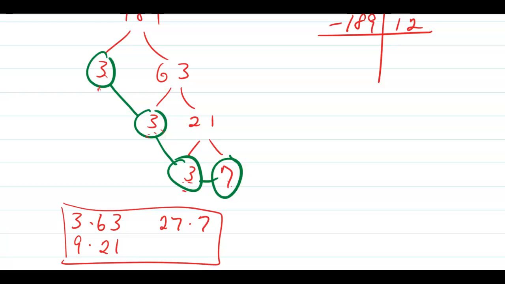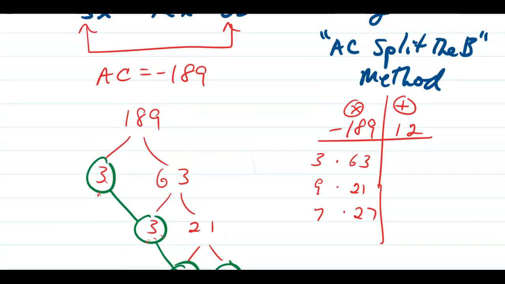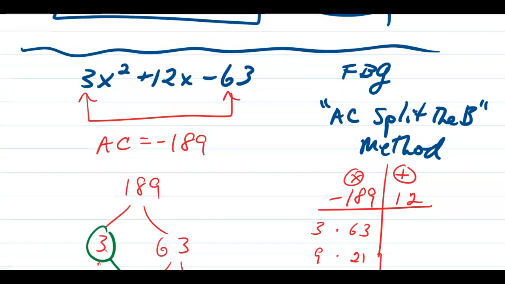So I'm just going to write down, without signs now, we can play with the signs in a moment, 3 times 63, 9 times 21, and 7 times 27. Now let's see if we can figure out which combination will give us a positive 12.